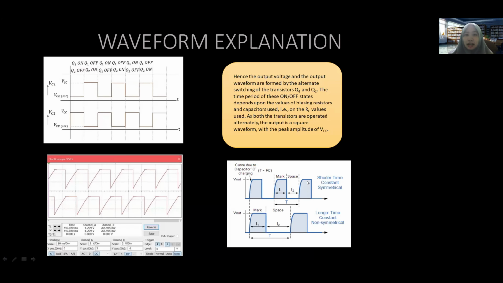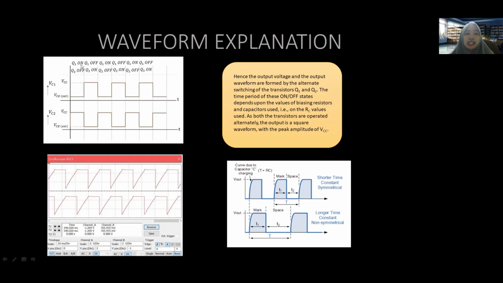Okay, next I will explain the waveform in the circuit. The output voltage and the output waveform are formed by the alternate switching of transistors Q1 and Q2. The time period of this on-off state depends upon the value of the biasing resistor and the capacitor used. We can look at this graph, this waveform.